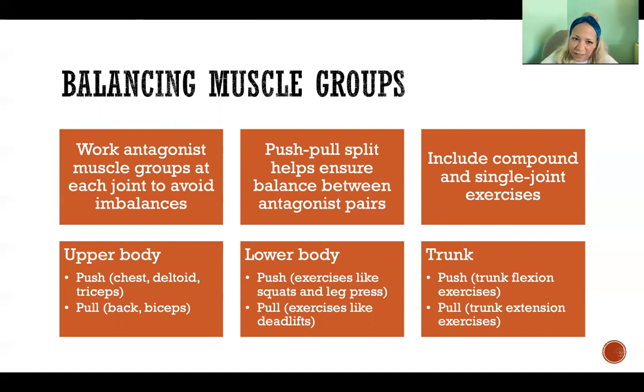But if you neglect the opposing muscles, then you end up with shoulders that are internally rotated, protracted scapulas and forward head posture, and you end up with all kinds of neck and shoulder problems as a result. That's one example, but you can end up with a lot of muscular imbalances by focusing on a certain muscle group and neglecting the opposing group.